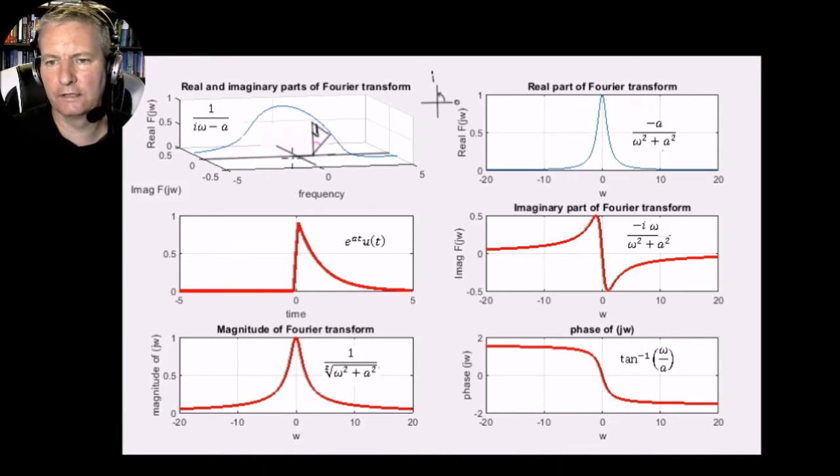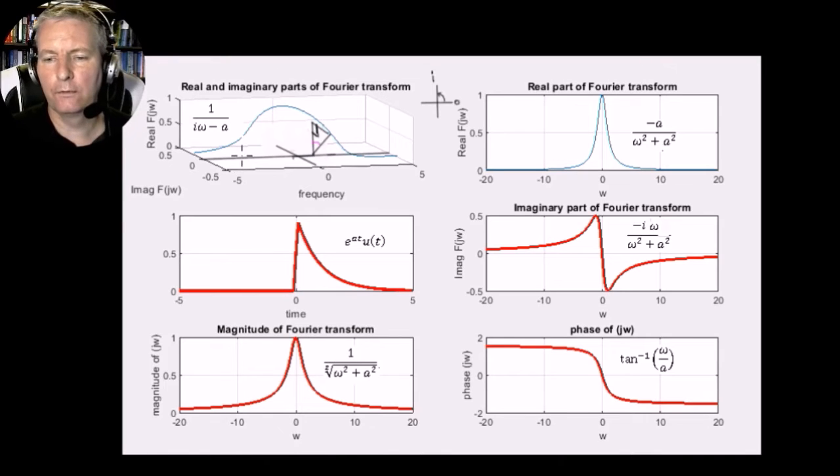If we take a point along the central axis and draw a line out to the actual function, then this line would be the magnitude, and this little angle in pink would be the phase. So we are interested in how this magnitude and phase vary with the frequency.